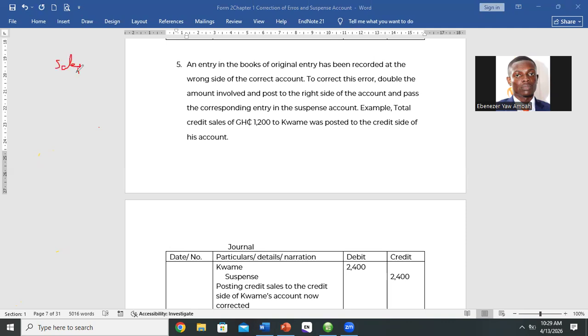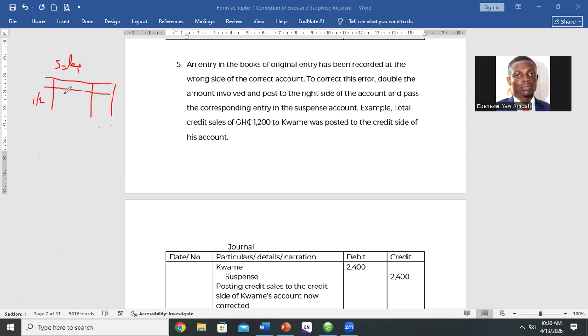Sales day book. Let me just use one transaction to demonstrate. So you have your date, details, and amount, right? Let's say on a particular date, we sold goods to Kofi, maybe on 1st February or whatever.